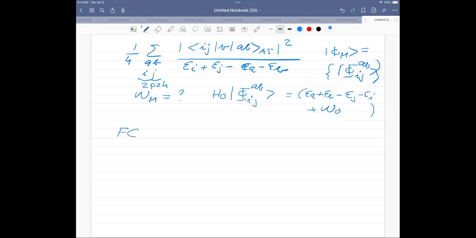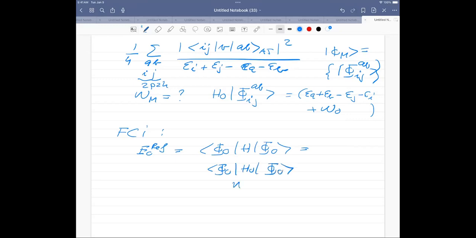When we did the FCI calculation, which we mentioned in the beginning of the previous lecture, we had defined this E0 ref, which is the same as the expectation value of phi 0 of H of phi 0, which is phi 0 of H0 phi 0, which we label as omega 0 in perturbation theory, plus the expectation value of phi 0 with the interaction. And this is what we label as delta E to first order.